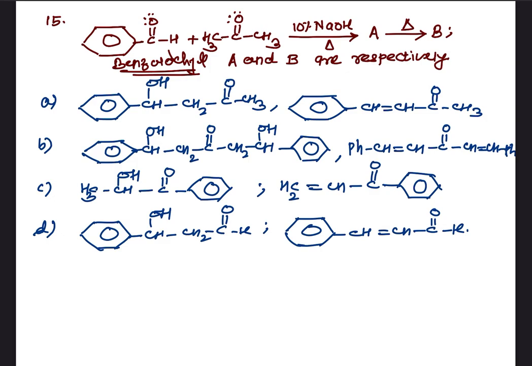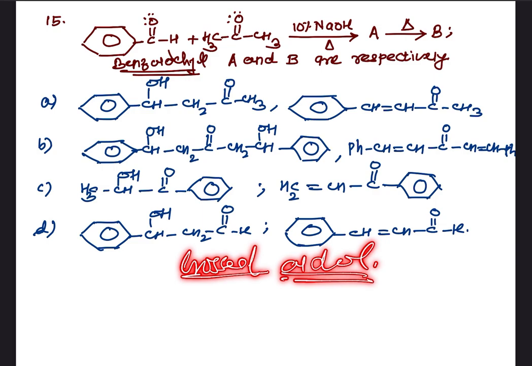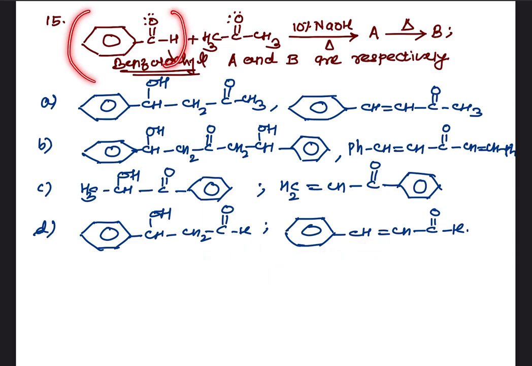In benzaldehyde there is no alpha hydrogen atom, and in the case of acetone there are alpha hydrogen atoms. So this is an example of crossed aldol condensation, in which one carbonyl compound does not have alpha hydrogen atoms and in the second there are 6 alpha hydrogen atoms. So carbanion formation is compulsory from acetone, and how this reaction takes place.